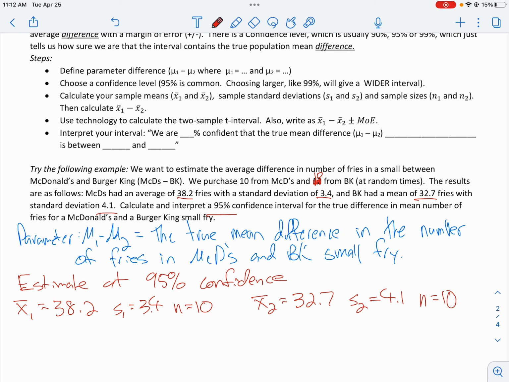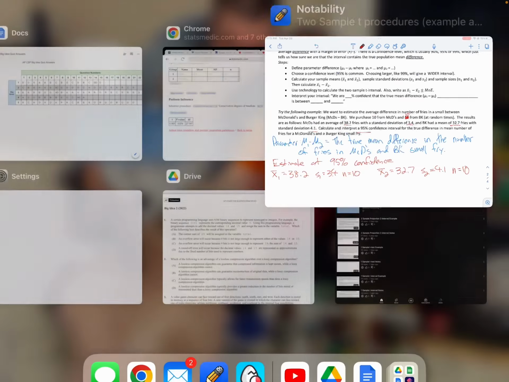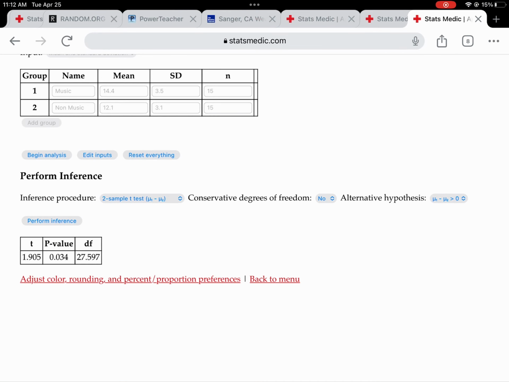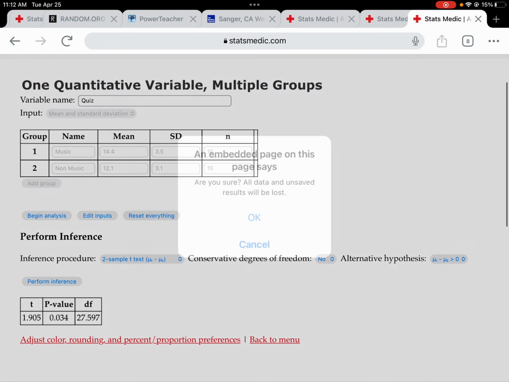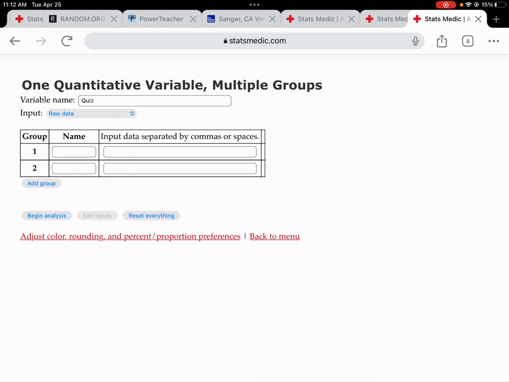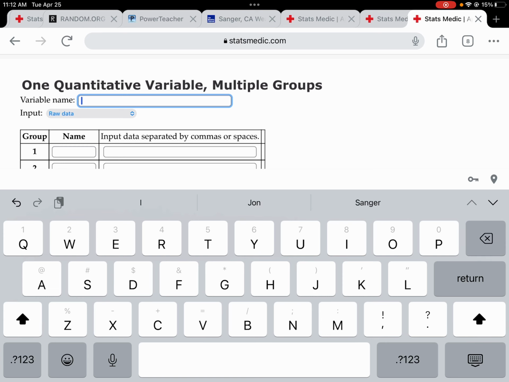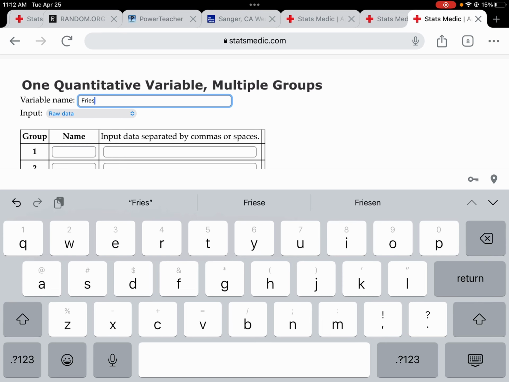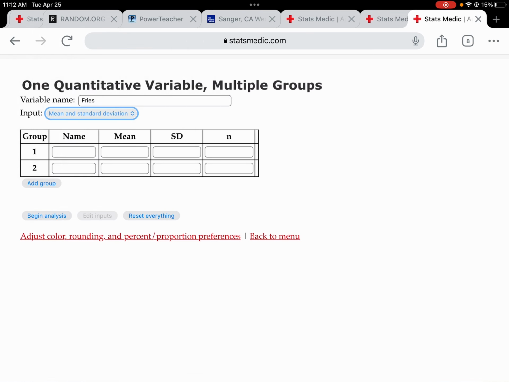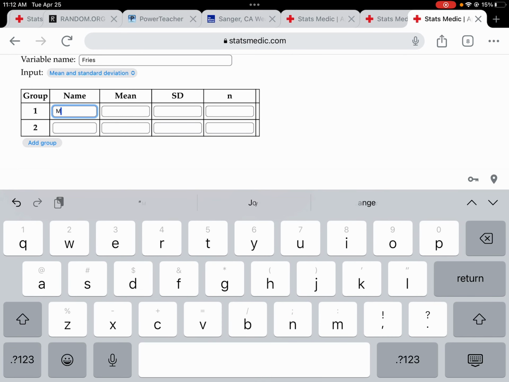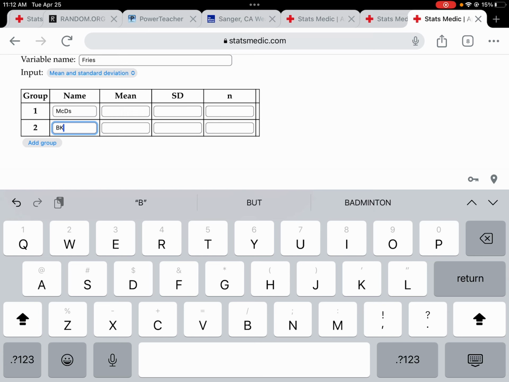And then we're going to go to Statlet. And let's reset this. Turn this into fries. Here, you would have raw data. We have standard deviation. So we got Mickey D's here, Burger King there.